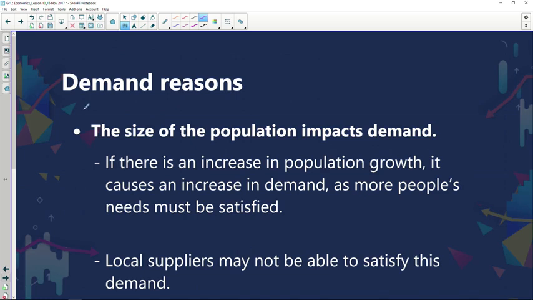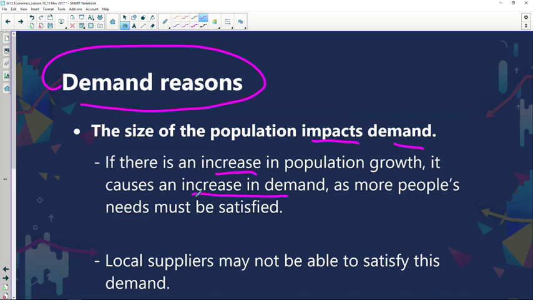And then moving on to demand reasons. Okay, so starting with the size of the population and how it would impact on demand. If there's an increase in population growth, it causes an increase in demand as more people's needs must be satisfied.